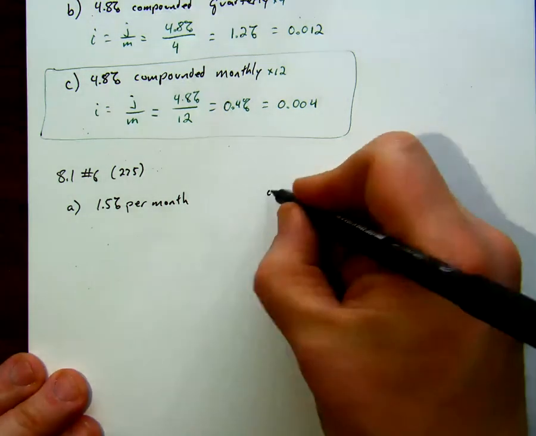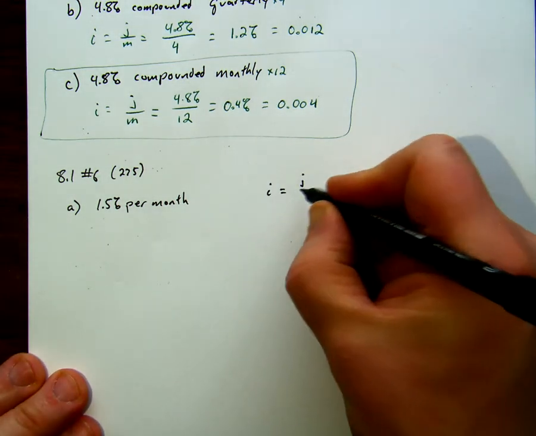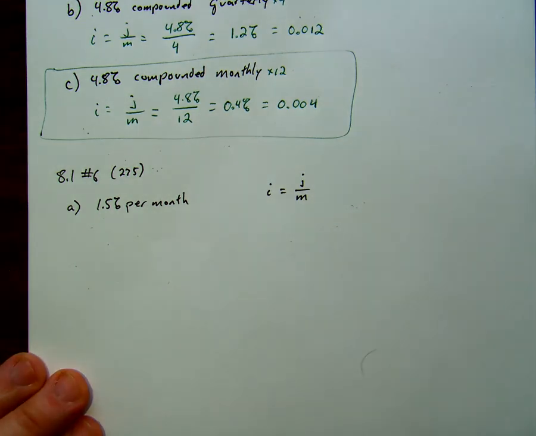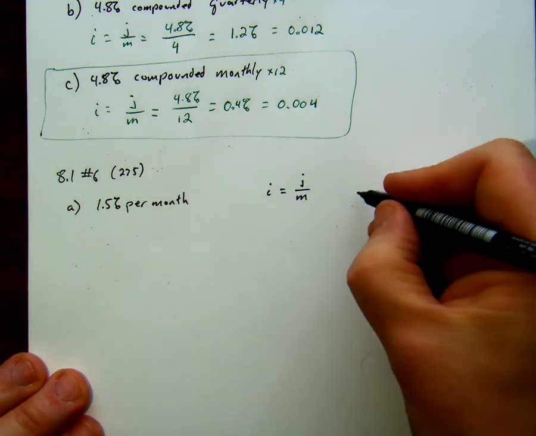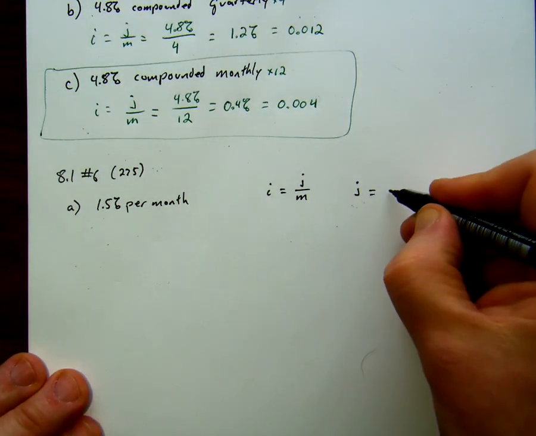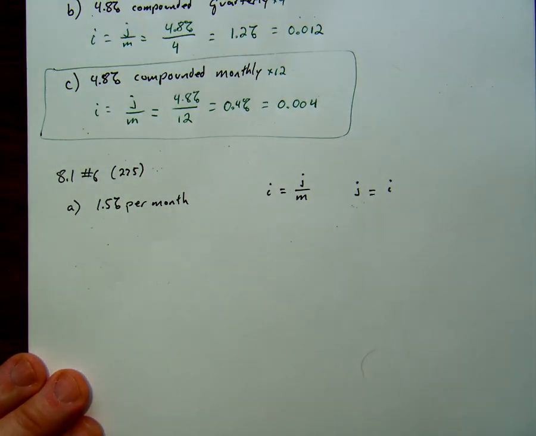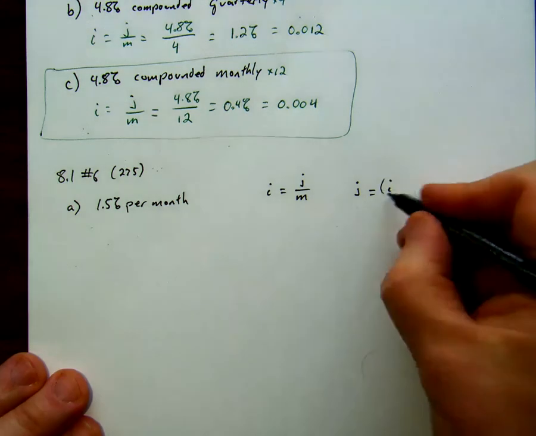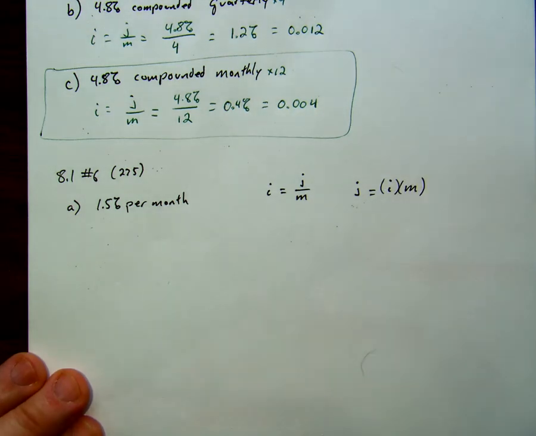Well, we had a formula that says the periodic rate is equal to the nominal rate over the number of periods. So in that case, the nominal rate is equal to the periodic interest rate times the number of compoundings per year.